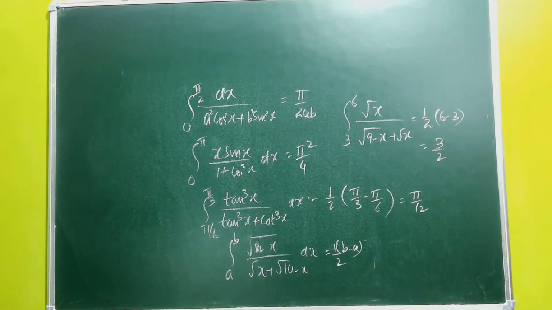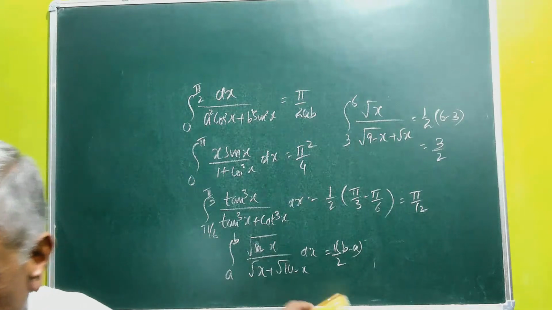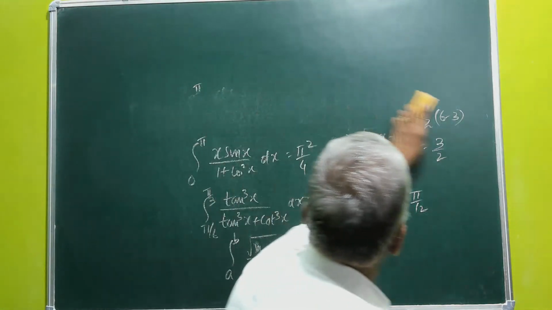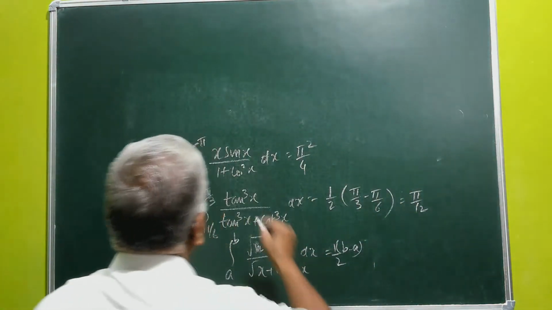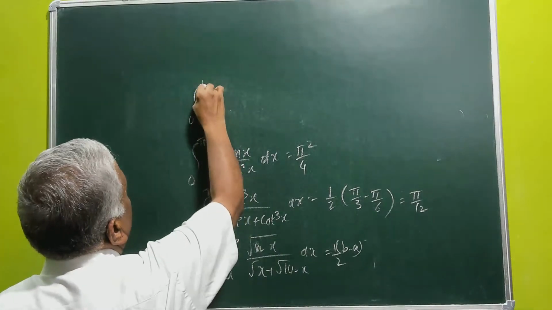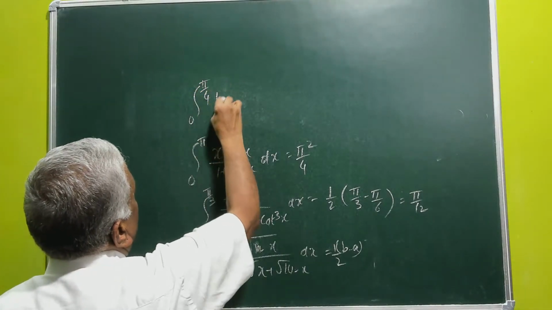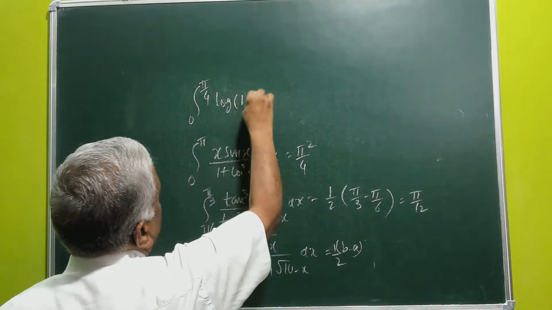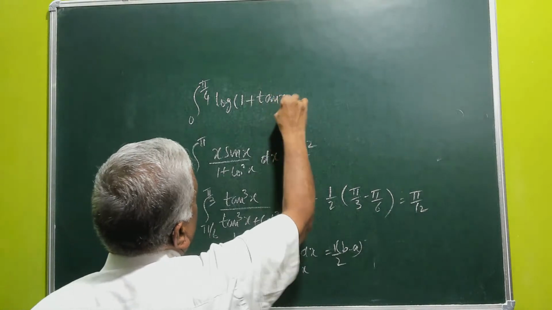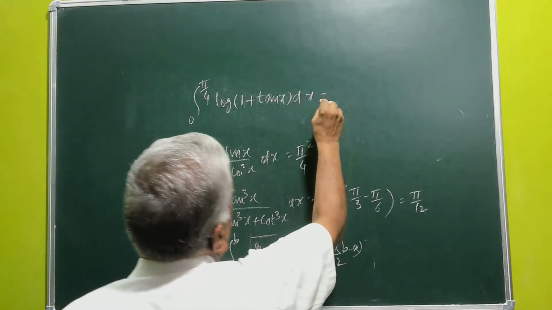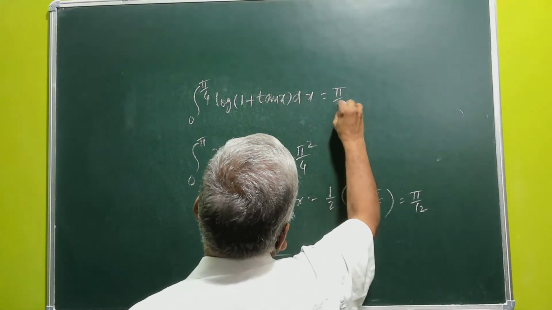There's some more I have listed. Let me just give you. Integral 0 to pi by 4, log of 1 plus tan x dx is equal to pi by 8 log 2.